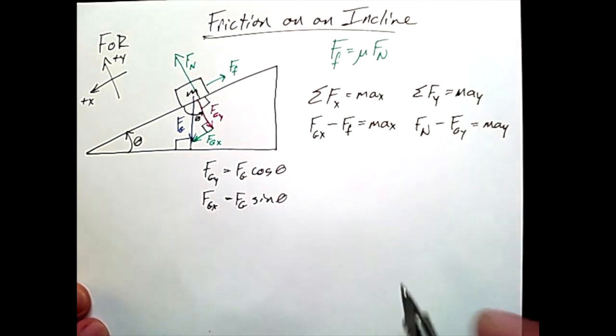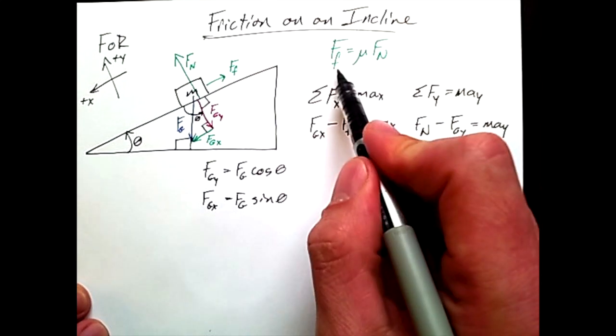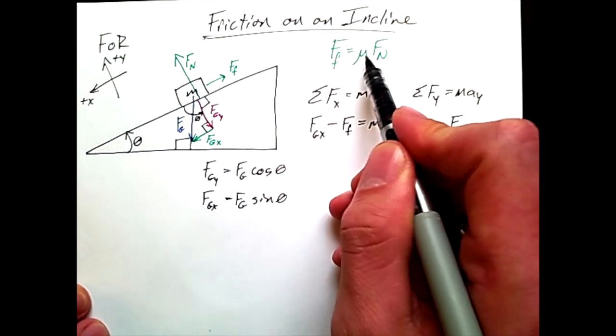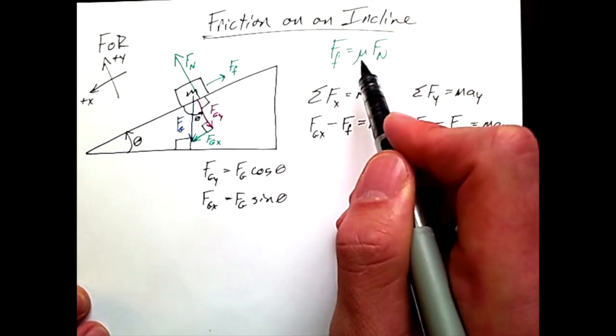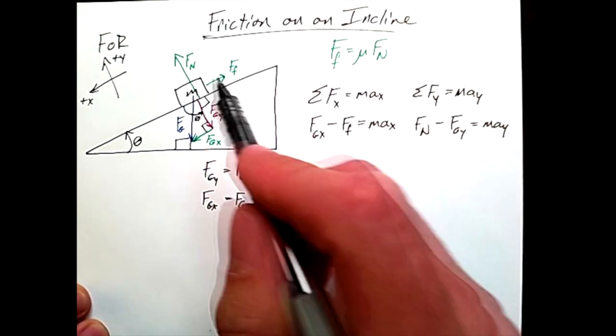What we also have to recognize is that the friction force is a function of mu, and mu has two possibilities. It could be static, it could be kinetic.